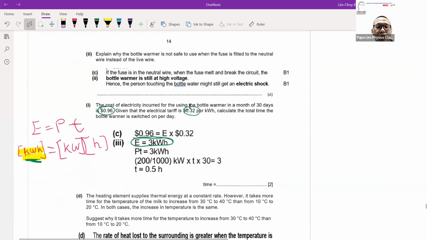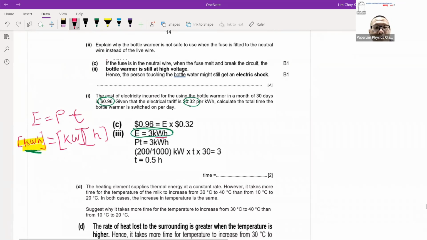So if I have the total energy use of 3 kilowatt hour and the power is 0.2 kilowatt, I will be able to find the time used in these 30 days. This is how I derive this formula here.